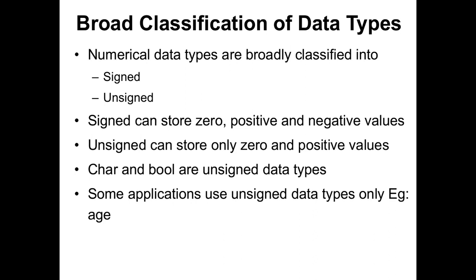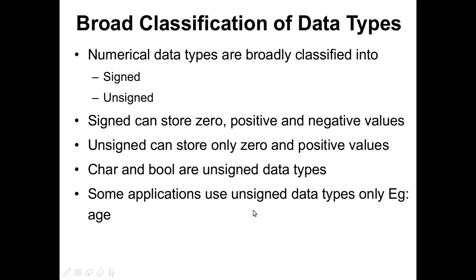And when I say signed values, the leftmost bit will be reserved. Memory will be allocated in terms of bytes, and when you are going to store a signed value, the leftmost bit will be reserved for indicating the sign. 0 will indicate positive and 1 will indicate negative values. Unsigned means all the bits will be used for storing the value, with no reservation of one bit for the sign.